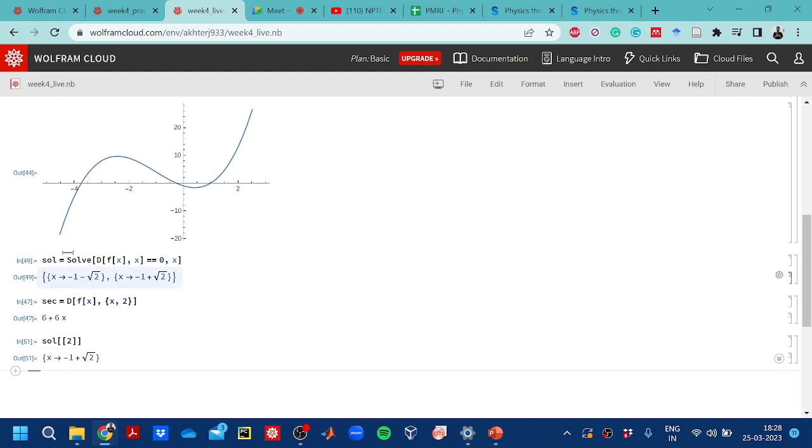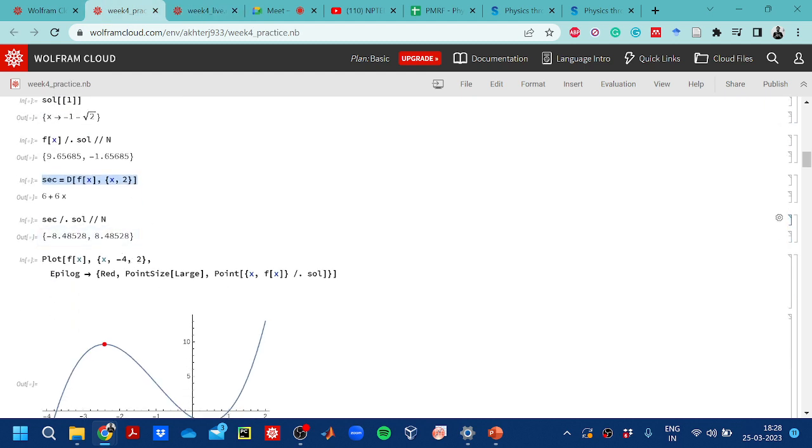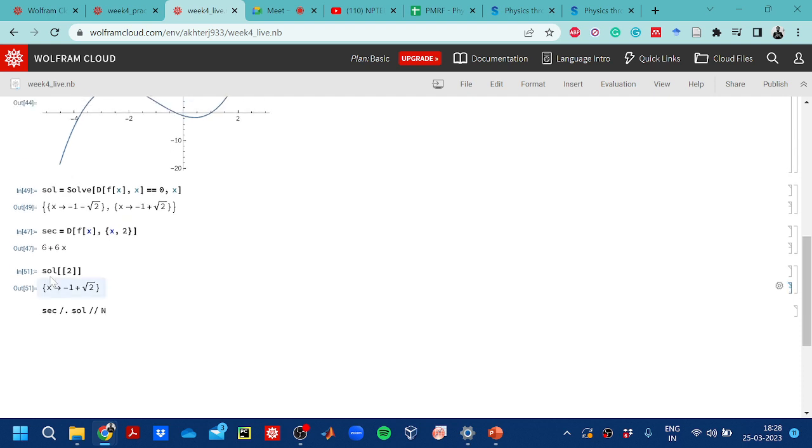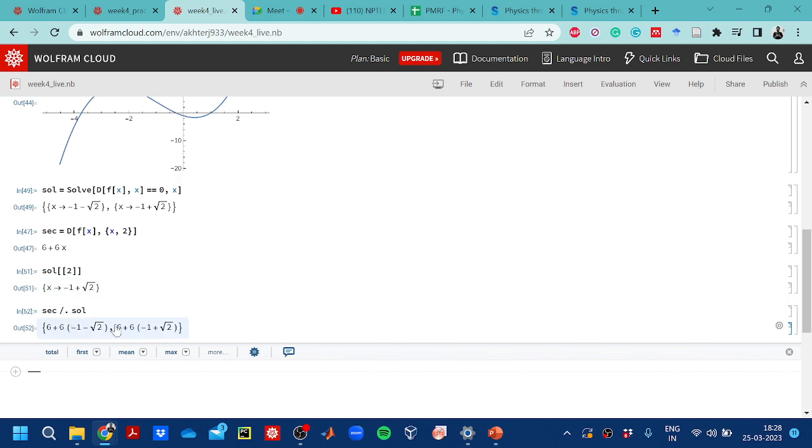So we have to replace here. What does this command signify? We are basically evaluating this second derivative function at the points of the solution. If we do that, this function has these values.